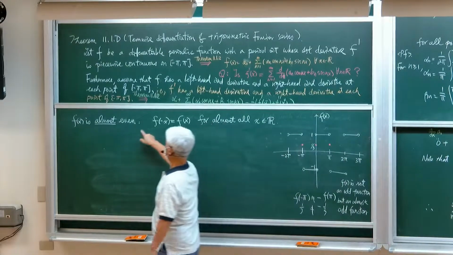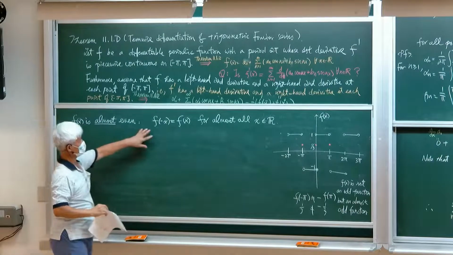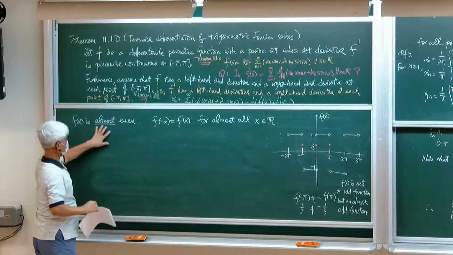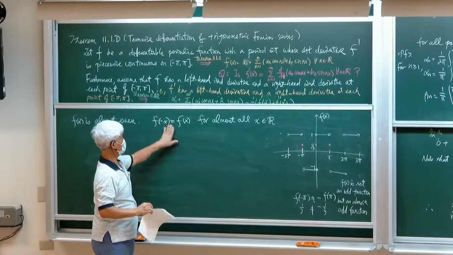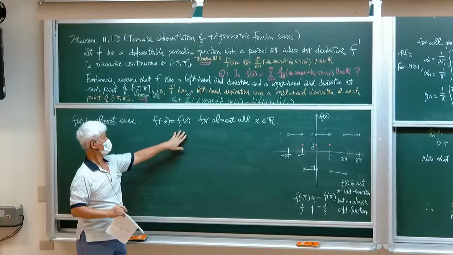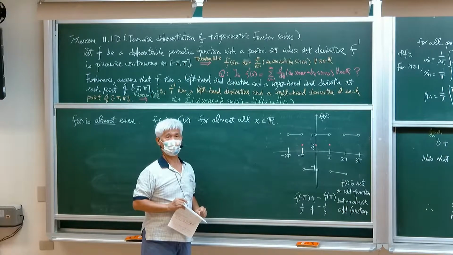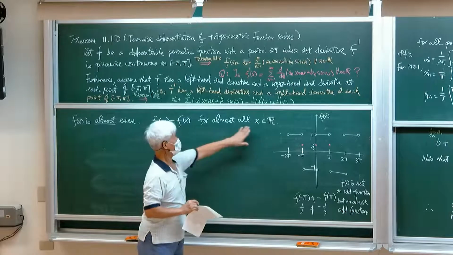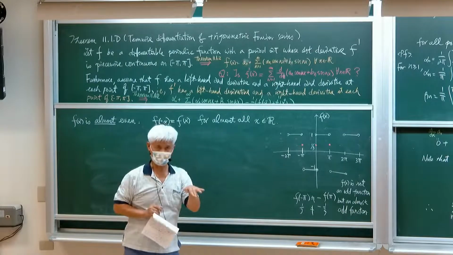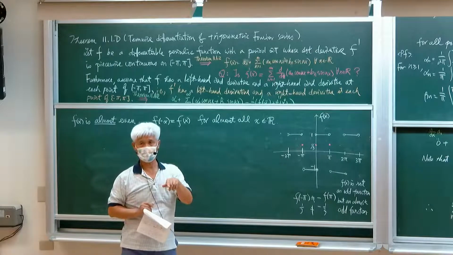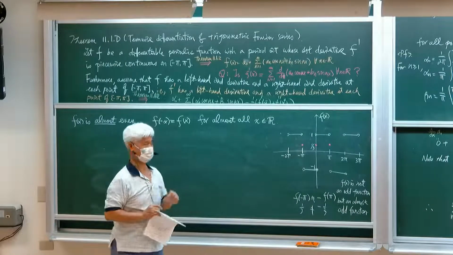Similarly, we say f of x is almost even if you have a symmetry like this for almost all x in R, that is, for all x in R except for those points in a set whose length is 0.